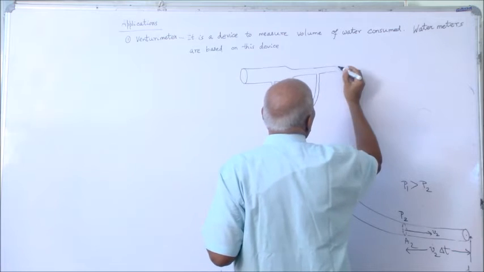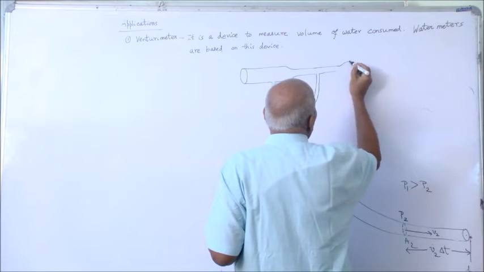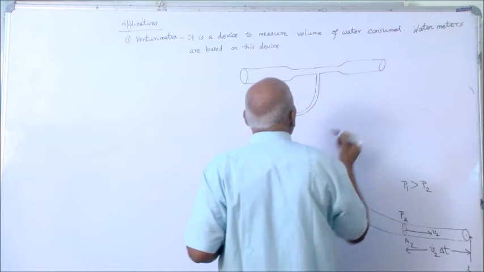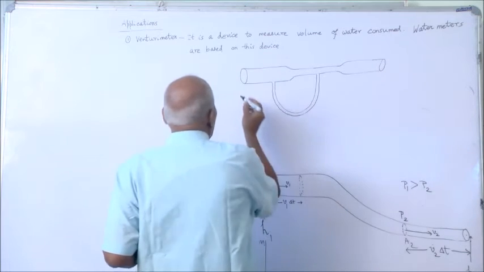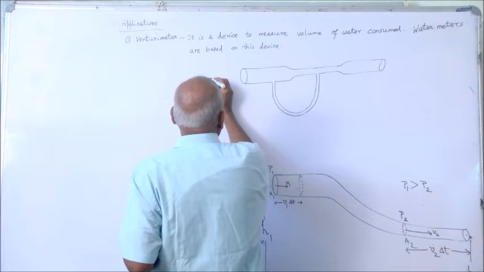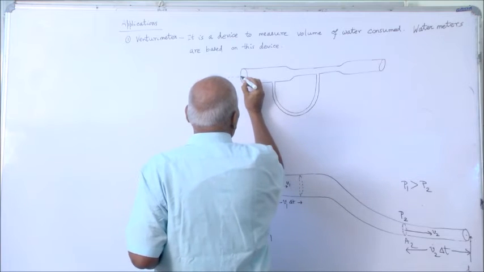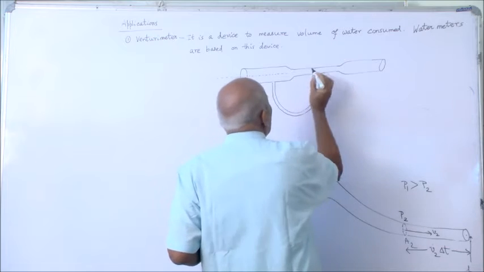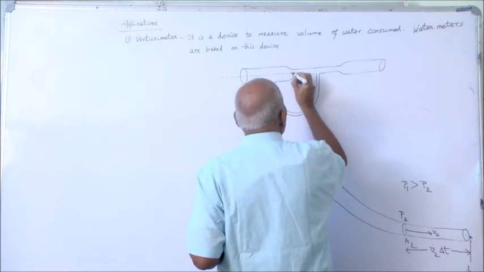So, this is like a U tube. So, here the axes of the wider and narrow tube are same.